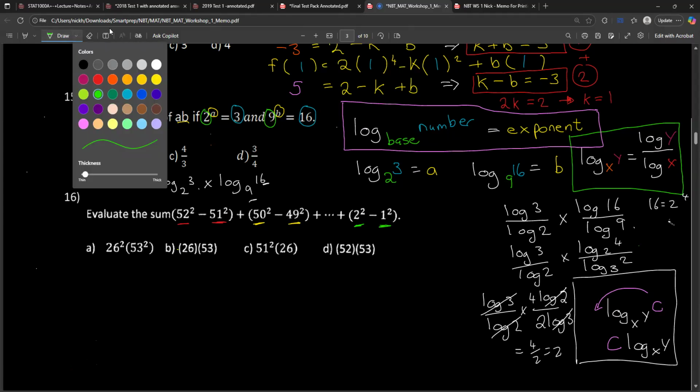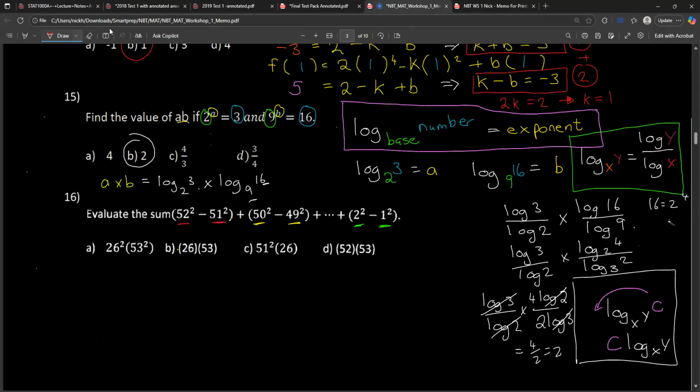So let's say I did the first part of 52. Difference of squares, right? 52 minus 51, and 52 plus 51.